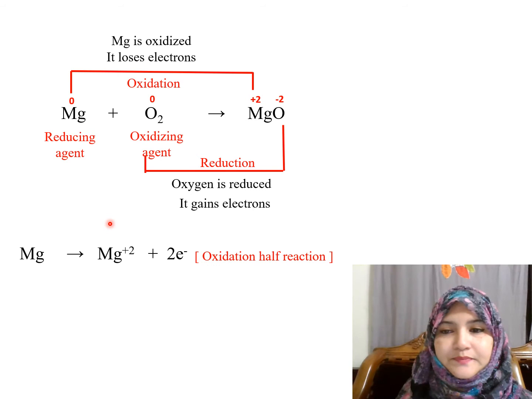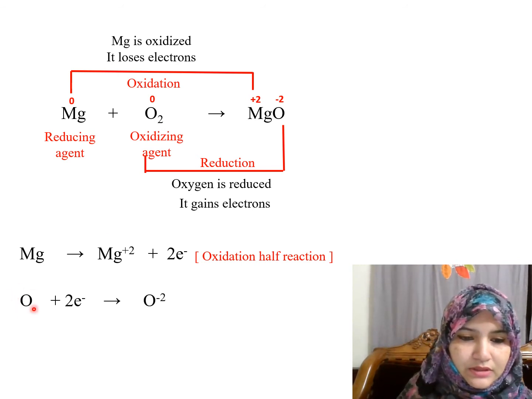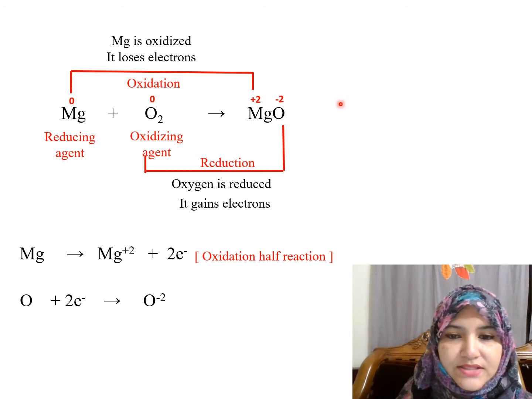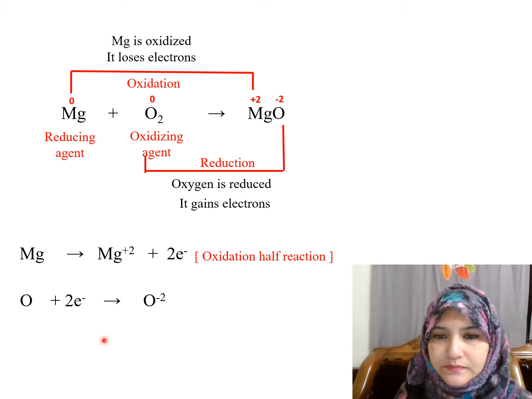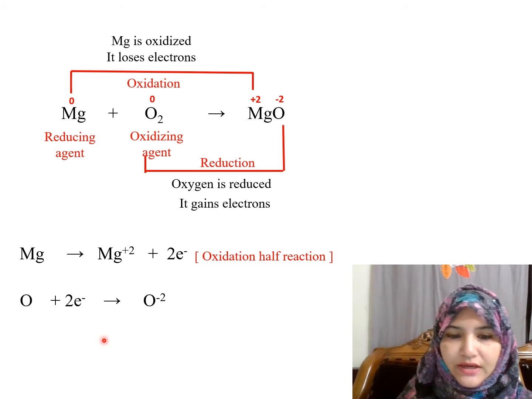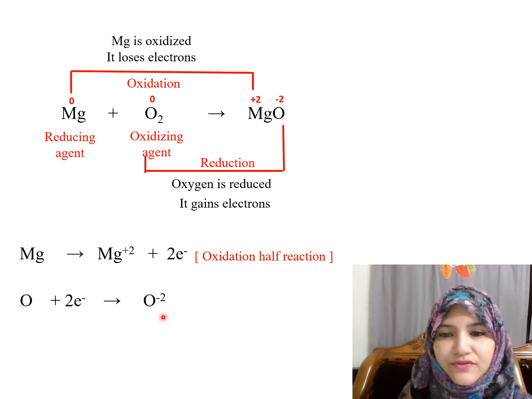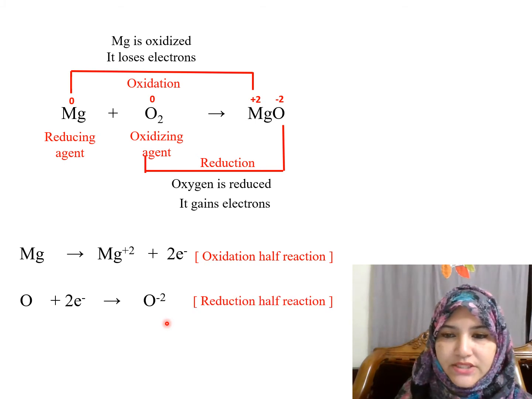Now for oxygen I am going to write atomic oxygen, because this reaction is not balanced. Individually, each oxygen acquires 2 electrons, and this is also a half reaction, known as the reduction half reaction.